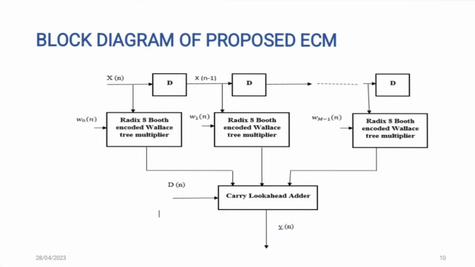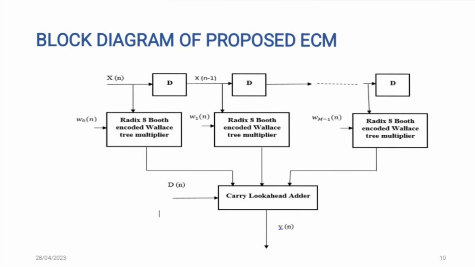This is the block diagram of the error computation module, where the ECM helps to compute the error signal by comparing the desired signal and the actual signal. In this, X of n is an input signal which is passed through a delay D, and the signal is delayed into X of n minus 1. The process is repeated for the number of inputs given. The input signals are sent to the radix-4 Booth encoder multiplier. In this, W of n are the integers given for ECE analysis, where it can be shifted easily to the fixed point.